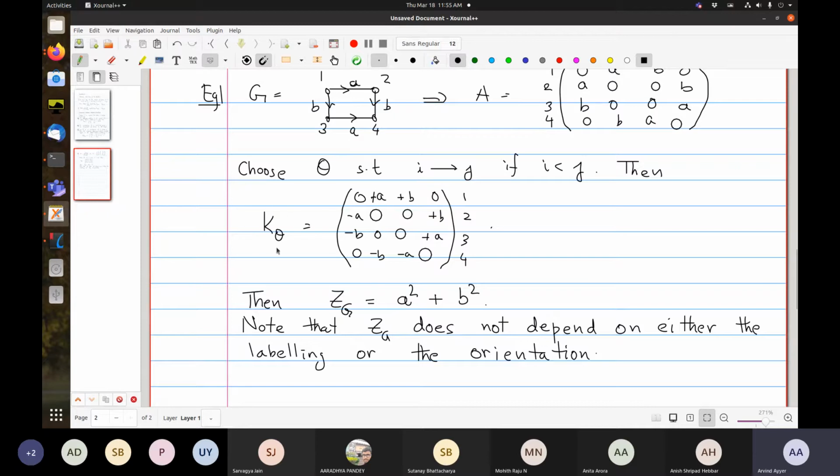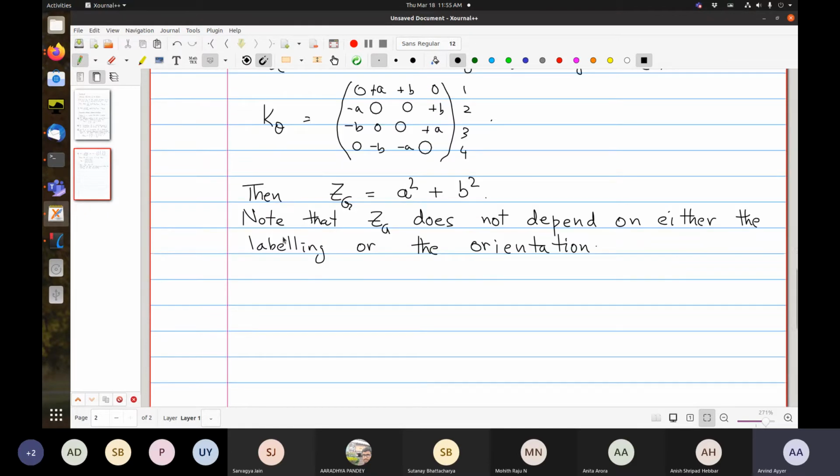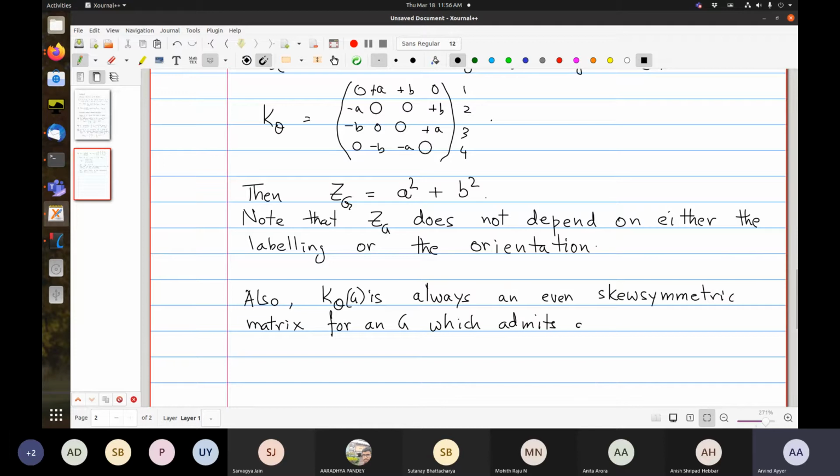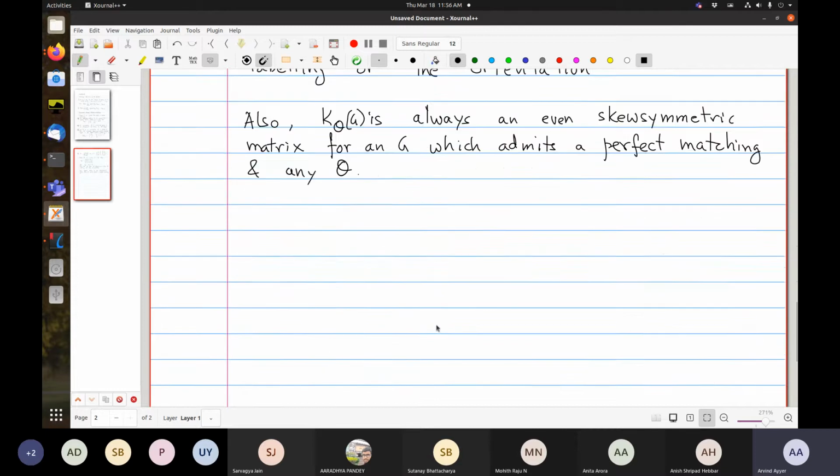So as a result, your KO is always going to be an even skew symmetric matrix, for any G which admits a perfect matching, and any orientation also. So we can calculate the Pfaffian.